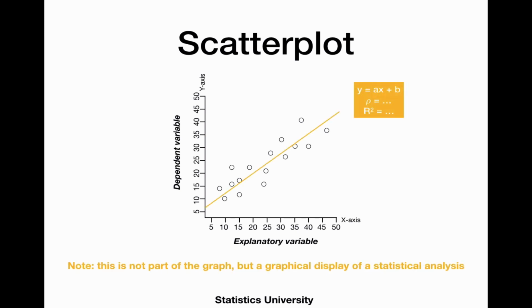And I want you to understand that oftentimes a line is fitted to describe this relationship, but that's actually part of an analysis. It's called a linear regression line, and it's not part of the graph itself, because this line is an approximation of the relationship and oftentimes doesn't perfectly fit to the data.